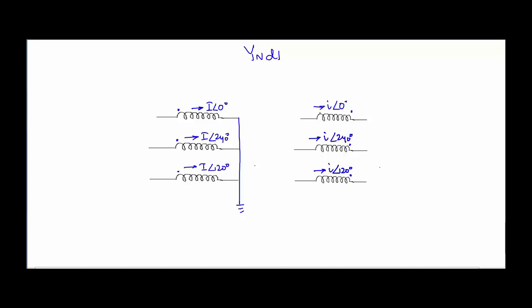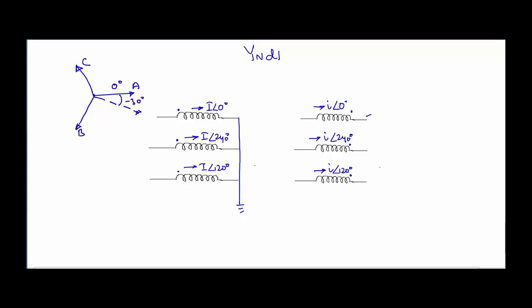So now we have to connect this winding in such a way that at this point we get an angle of minus 30 degrees. Now we are going to use some basic mathematics. Suppose for the primary side we have these three equally spaced phases: phase A, phase B, and phase C. On the secondary side of the transformer, if this one is at 0 degrees, the resultant shall lag by an angle of minus 30 degrees.